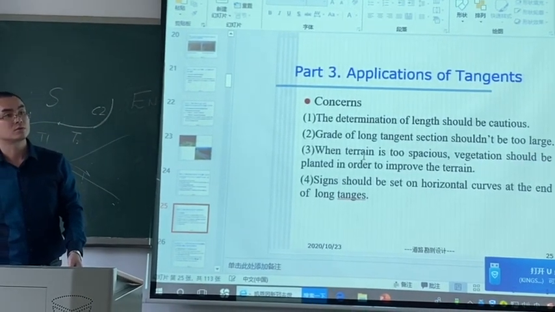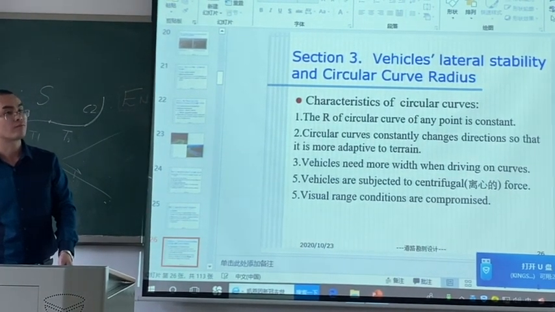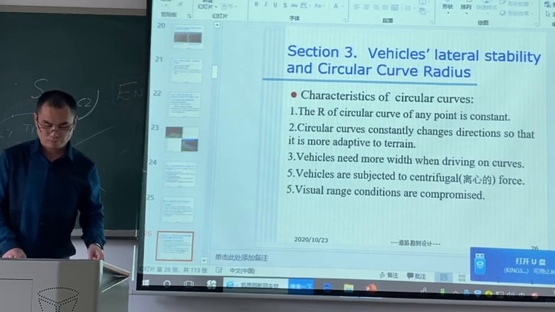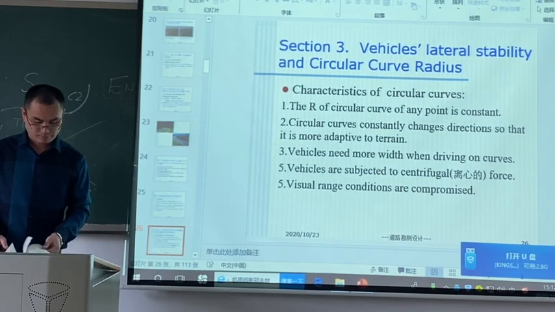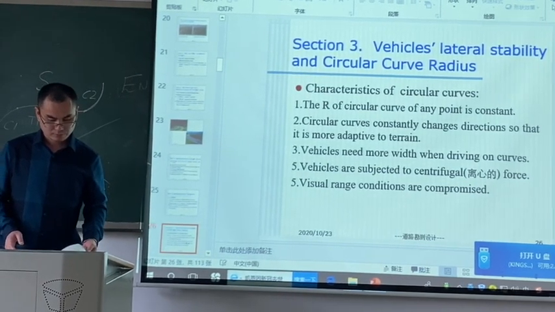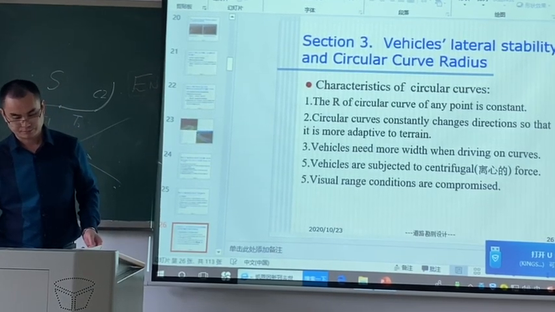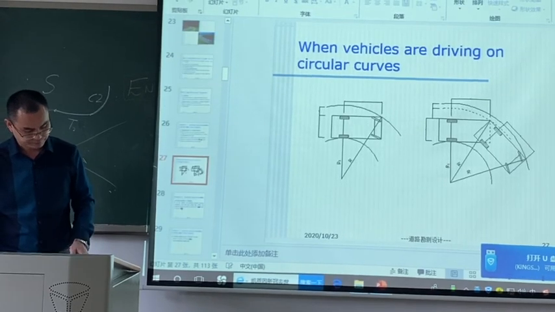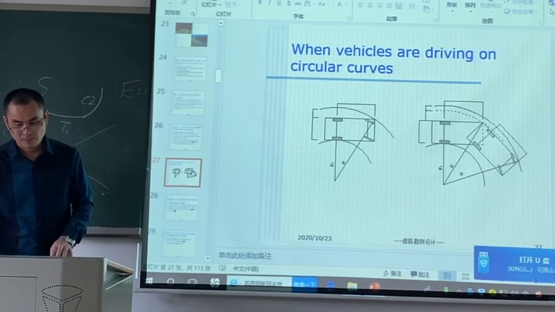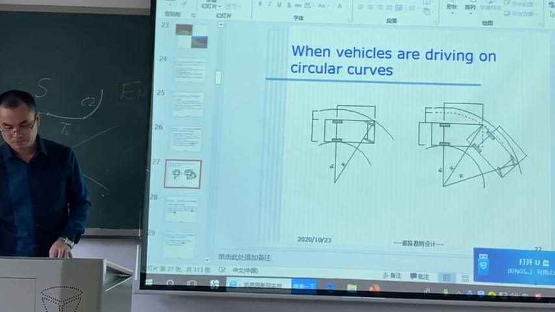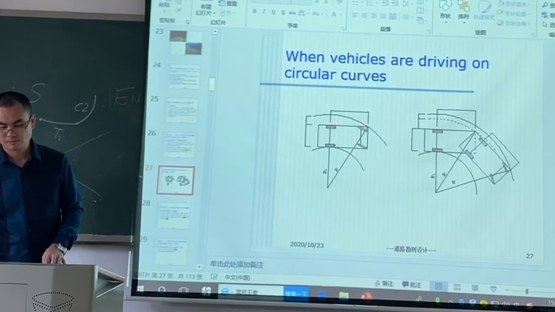Okay, you can pass. How many concepts? Before, the concept of the straight line.